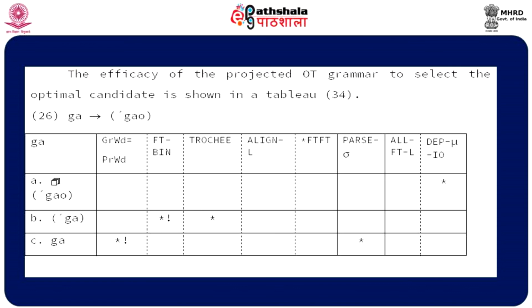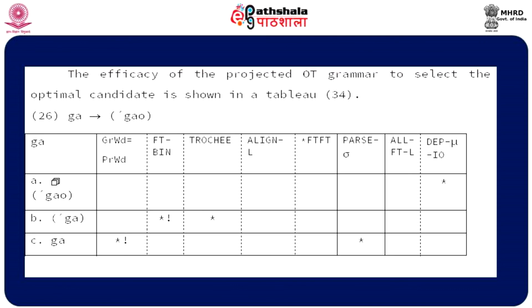Now, being a faithfulness constraint, it militates against the insertion of any new segment, here a vowel resulting in the insertion of mora. But this has to be ranked very low, below markedness constraints which force insertion. The ranking relation between all foot left and dep mora IO is indeterminate as of now.